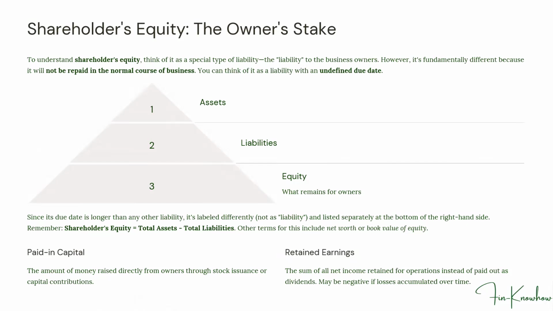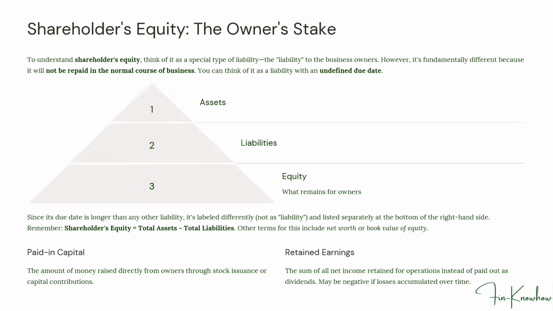So it represents what's called the owner's claim on the business. If you have $100,000 in assets and $80,000 in liabilities, what's remaining belongs to the owner of the business. And that's what's referred to as shareholders' equity.